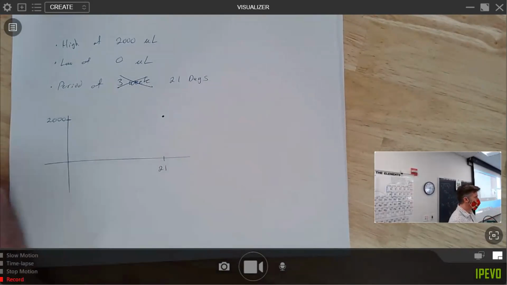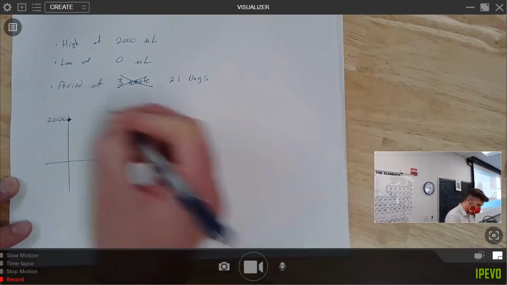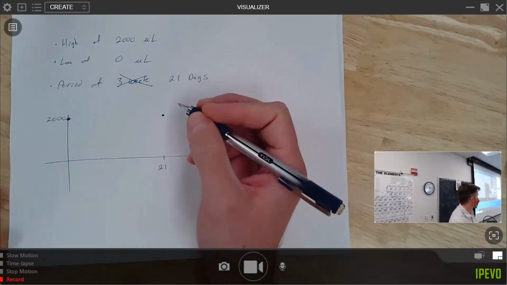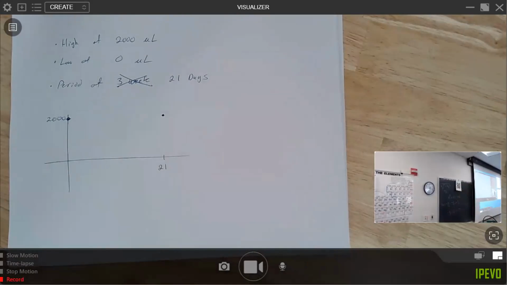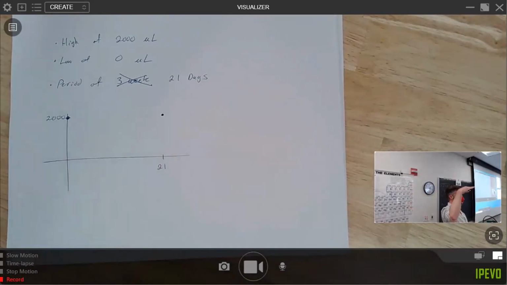And then where should the low be? I think they said that 0 is the high, right? The density is maximal on day 0. So our density is 2,000 here, and it's also 2,000 21 days later. So where should the low be if we know it's like a sine or a cosine function? We know this is the high, so then it has to do what?